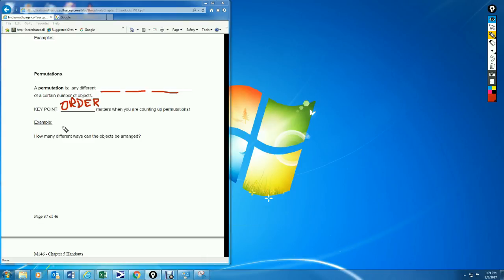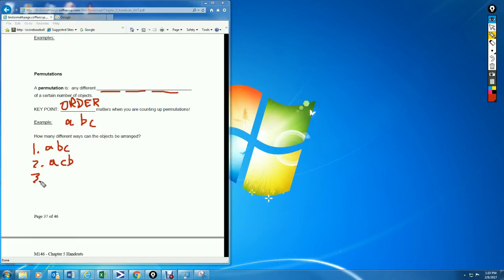So for example, let's say I have a group of 3 letters, A, B, and C. And then the question is, how many different ways can I arrange those 3 objects? All right, well, let's just list them. So we can start with ABC. I can keep the A and then switch these, so I'll have ACB.